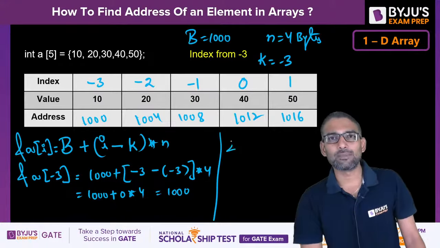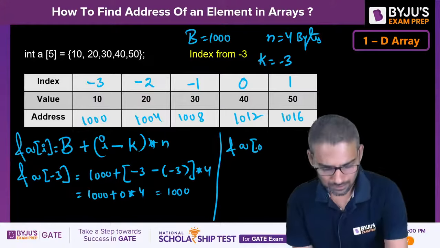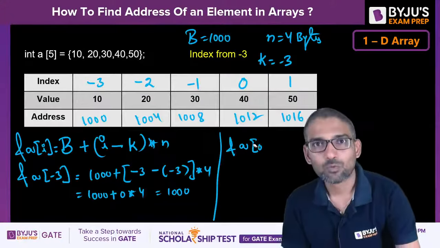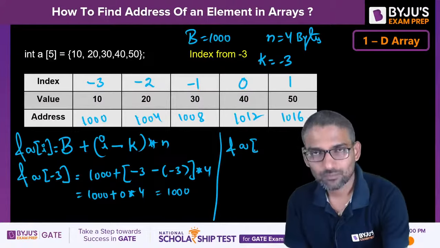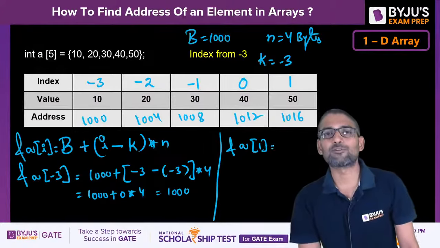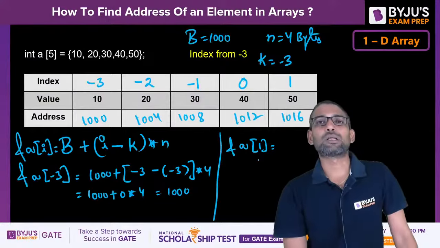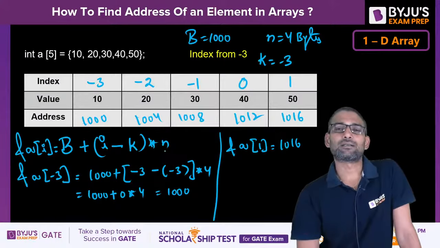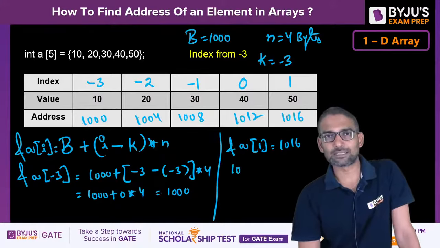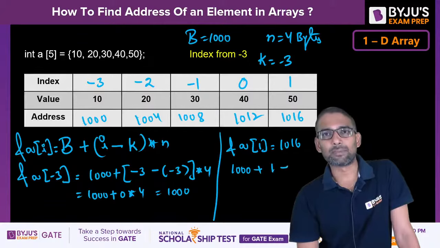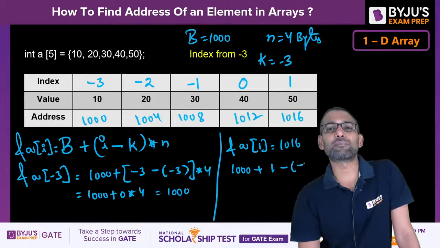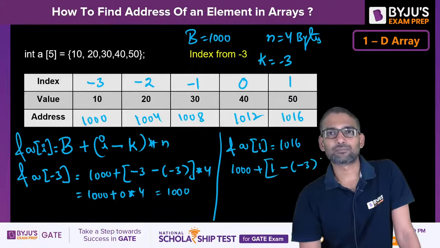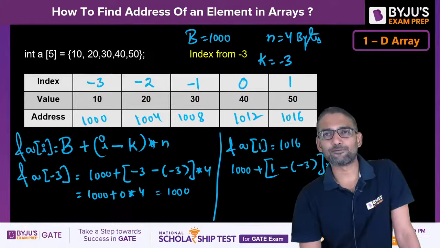Okay. Let me take address of A of, let us say, 1. What is address of A of 1 as per this? 1016. Do I get that as per the formula or not? Let us see. 1000 plus, here I means 1, minus k means minus of minus 3, whole multiplied by 4.